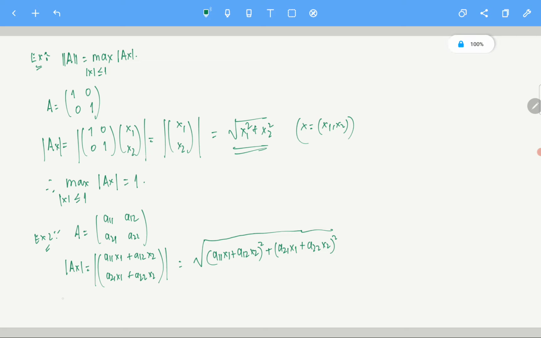Your job is to maximize this, let's call it theta, subject to x1 square plus x2 square less than or equal to 1. I am quite sure you know how to handle this; you should remember something of a similar tune.